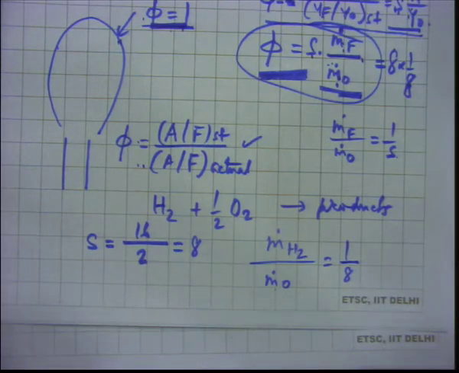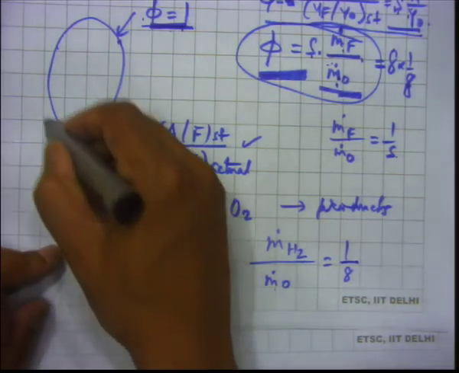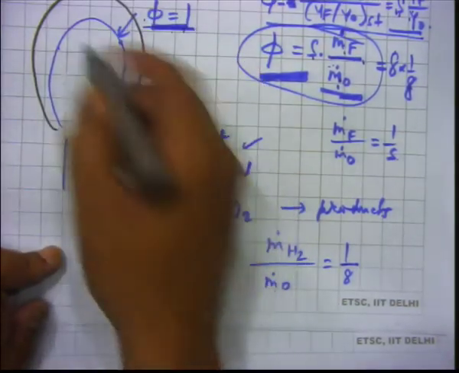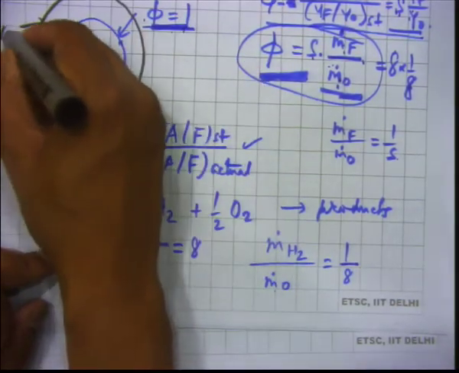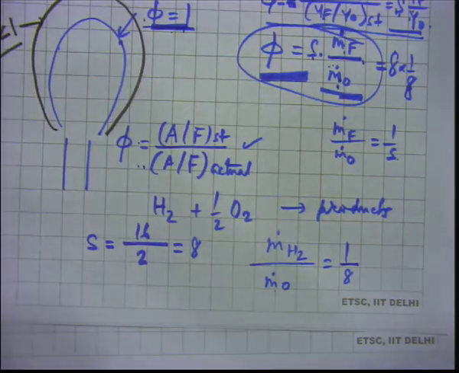So, what do you think will happen if we go outside the flame? What will happen to the value of phi? Phi will reduce. Okay. So, it will be phi less than 1. This is what that particular diagram had actually shown.